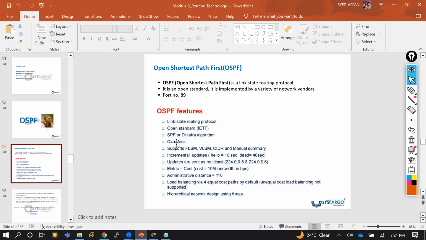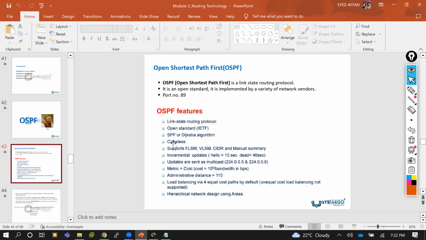How many methods are available to do the subnetting? There are two types: FLSM and VLSM. FLSM means classful. VLSM means classless.